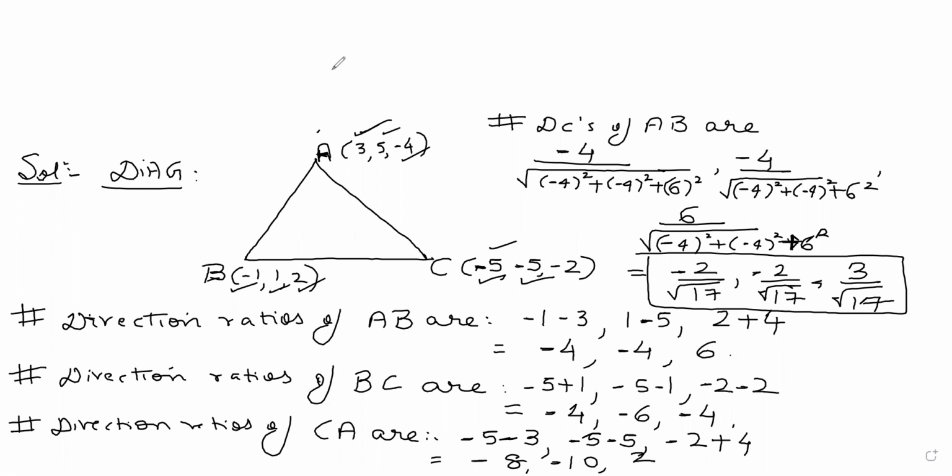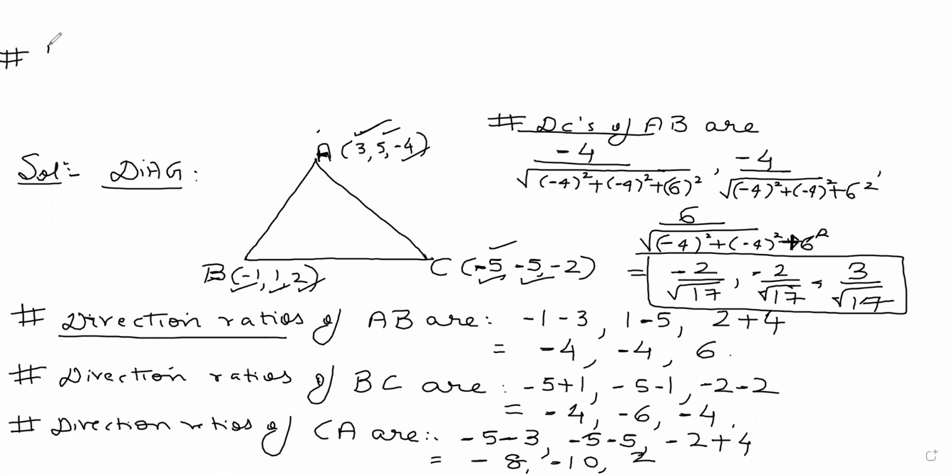So this is nothing but minus A upon under root A square plus B square plus C square. Please look at the formula showing the relationship between direction cosines and direction ratios.